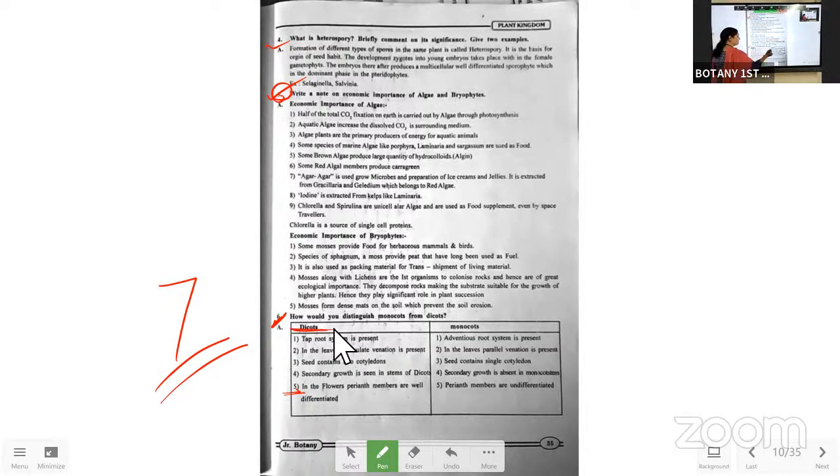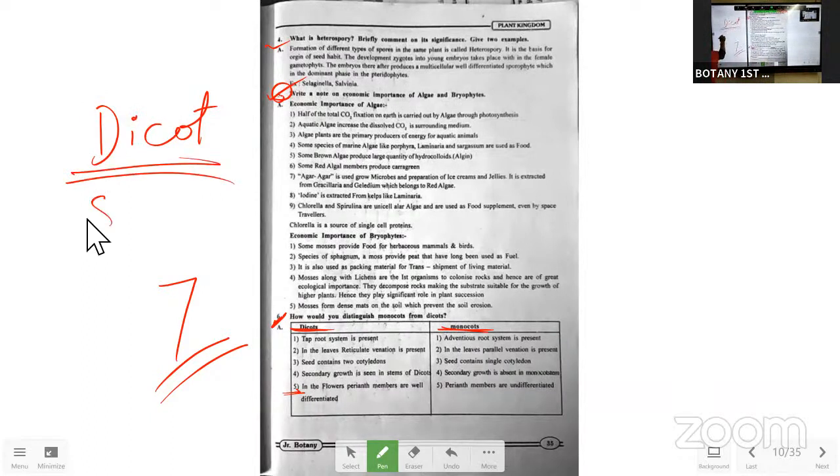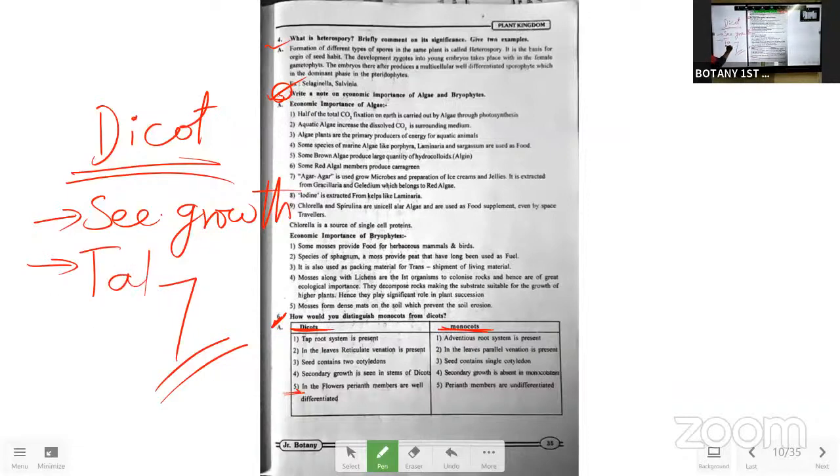So we know what are dicots and what are monocots. Dicot means the plants which can live for a long time period when the secondary growth occurs in them. Those are the dicot plants, having the taproot system.